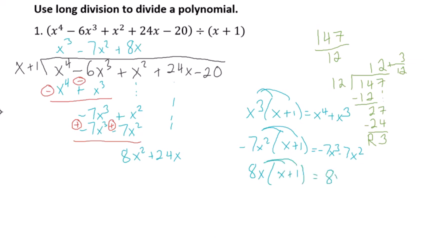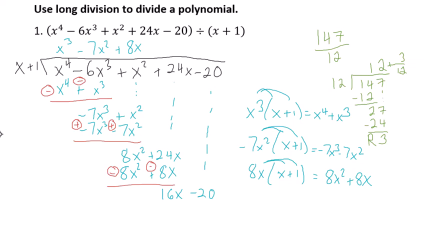You get 8x squared plus 8x. Subtract that. Subtract that. And 24 minus 8 is 16x. Bring down the next term, minus 20.